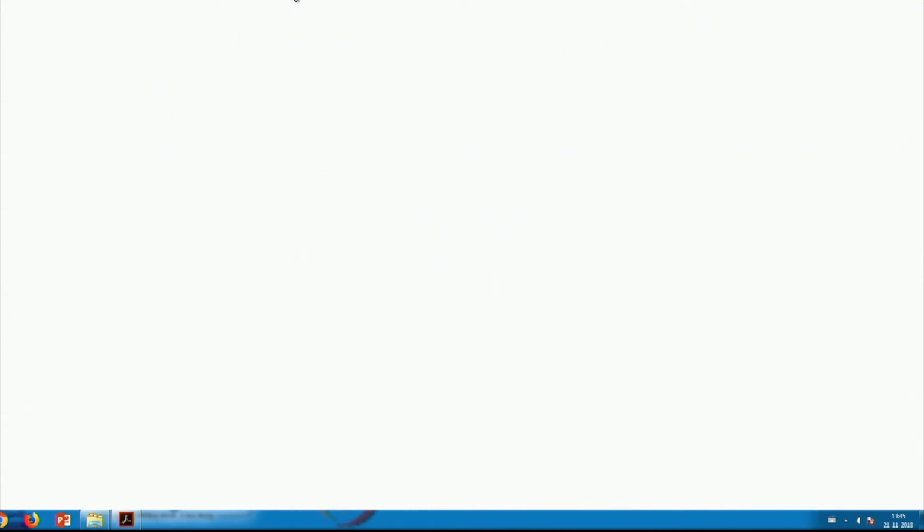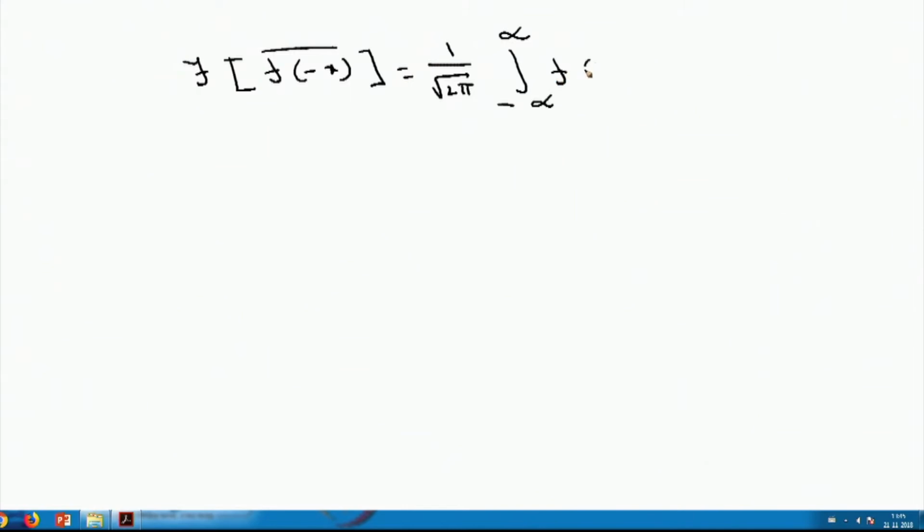Similarly, for the second one, Fourier transform of f of minus x bar, you can write 1 by root 2 pi, integral from minus infinity to infinity. I am skipping the earlier lines and making it in terms of y directly, with e power minus i alpha y into dy.